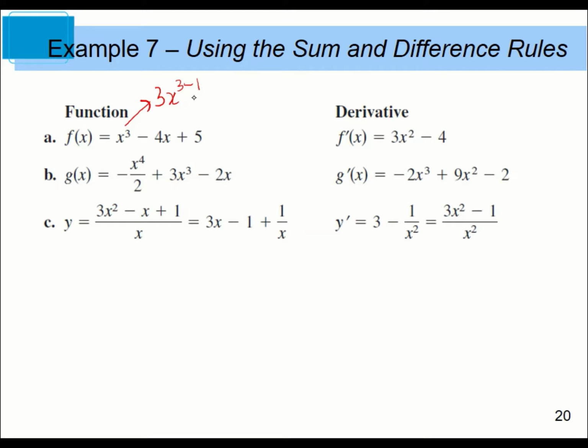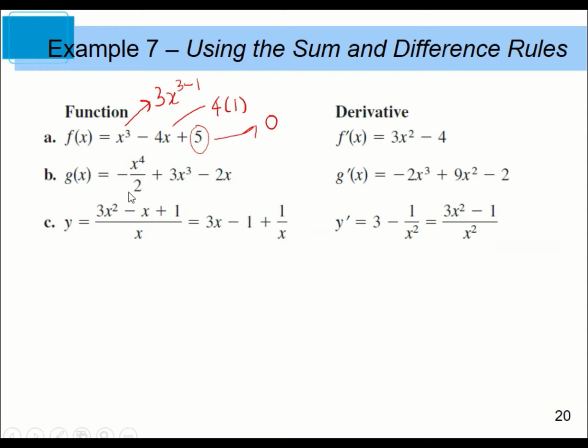After that, differentiate 4x: the derivative of x is 1, so we have 4 times 1, which gives us 4, so we have minus 4. And differentiating 5, since 5 is a constant, we get 0, and we do not have to write it.